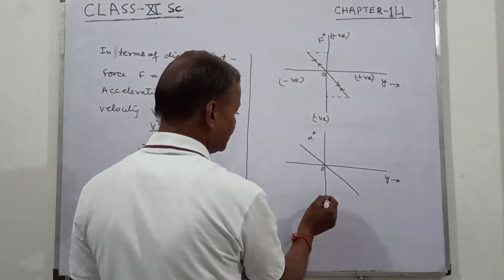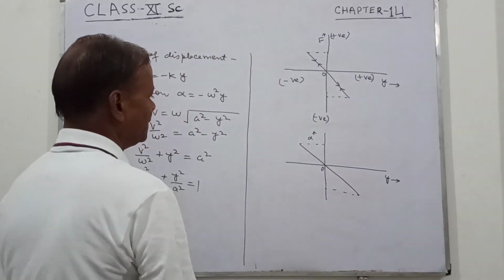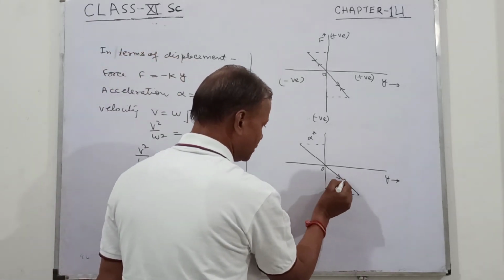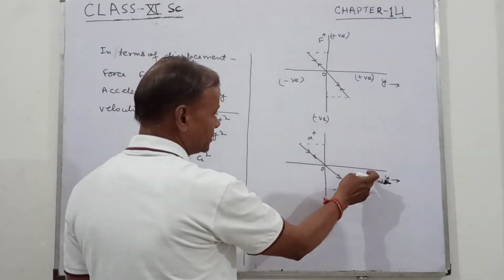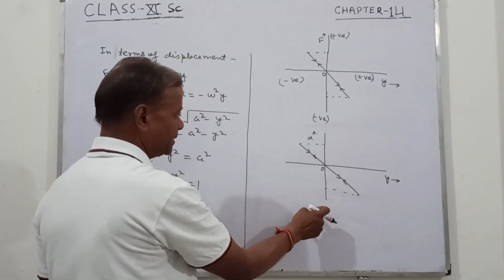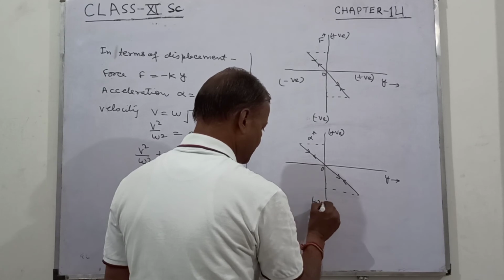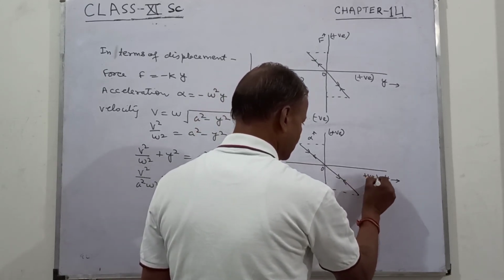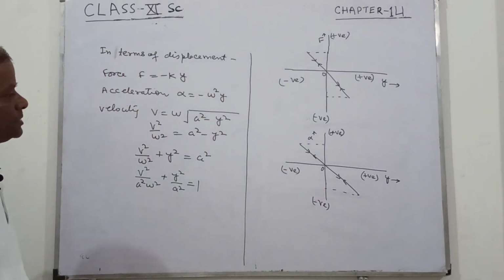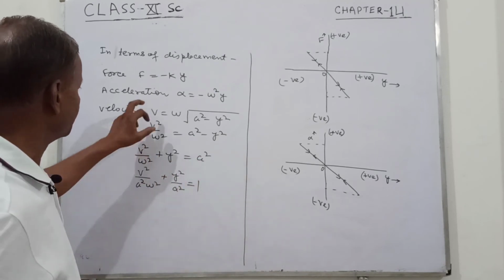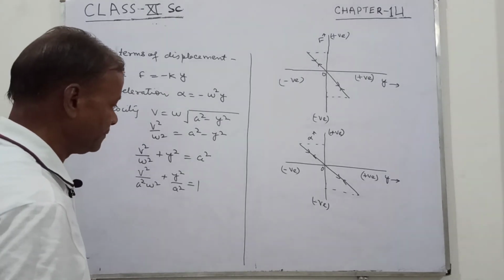Similar form is here. So you will have the motion like this. And this is positive, this is negative, this is positive, and this is again negative. So this is the graph for this acceleration. And now for this graph we can have the value like this.